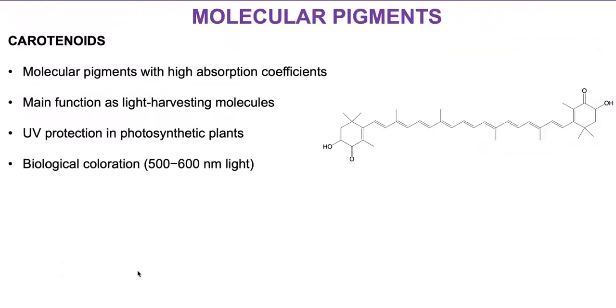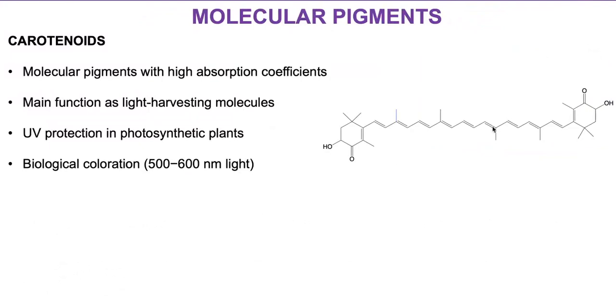If you look at the molecular pigment, one example that I would like to give you before I go to the structural color is the carotenoids. They have a very high absorption coefficient, and also interestingly, they can function as a light harvesting system. They can also provide UV protection, and they also result in biological coloration.